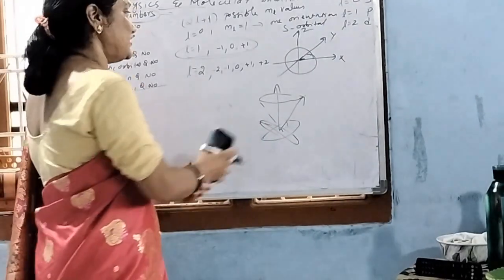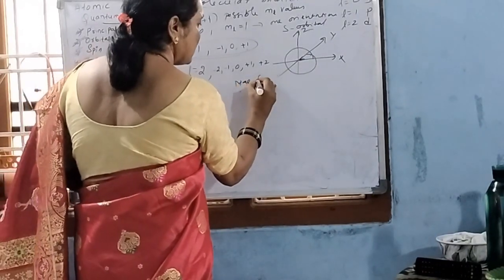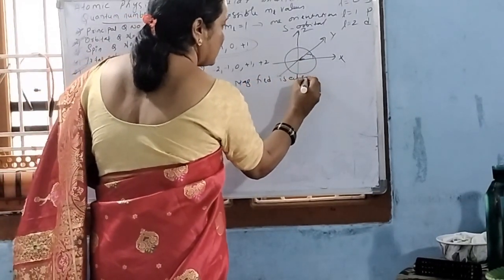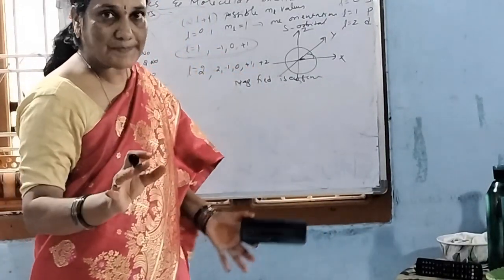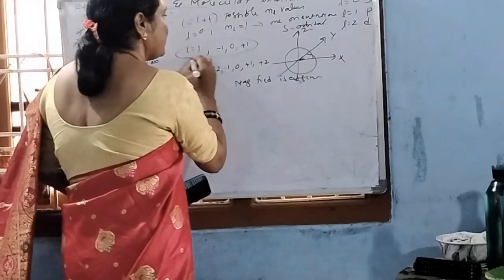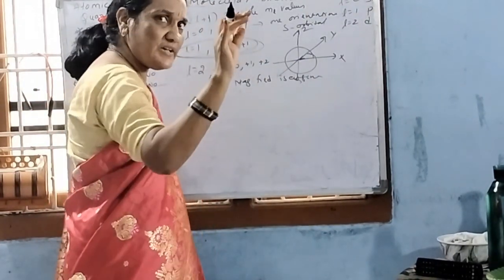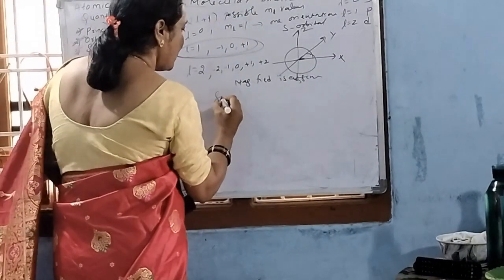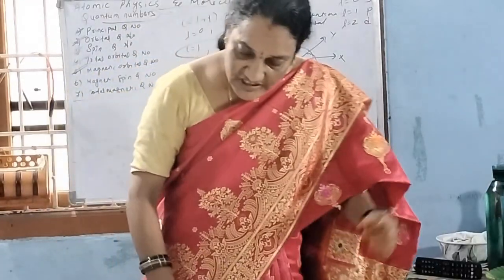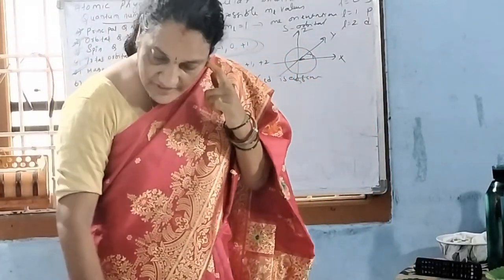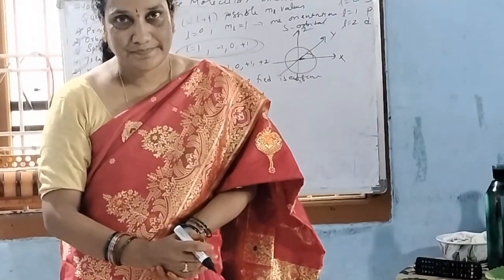So now the next step. Up to now we explained in the presence of a magnetic field. Now if the magnetic field is absent, then here the 3 orientations will have the same energy. So we can say that all these 3 orbitals will have the same energy.